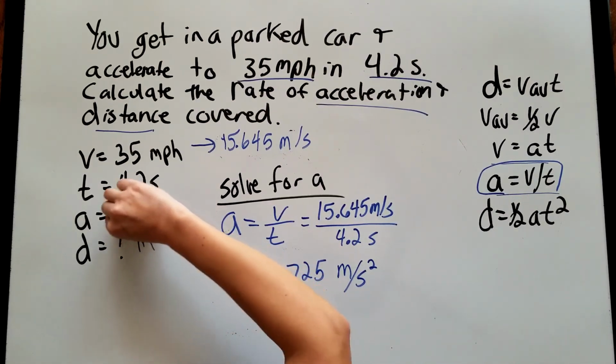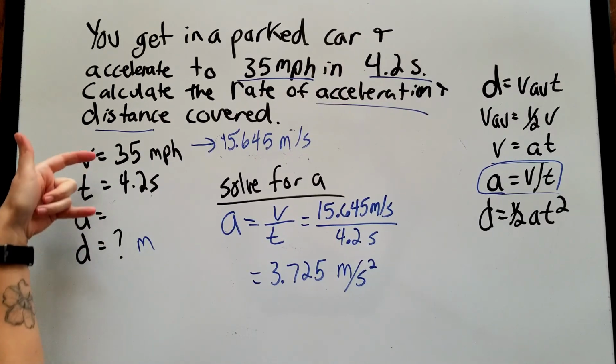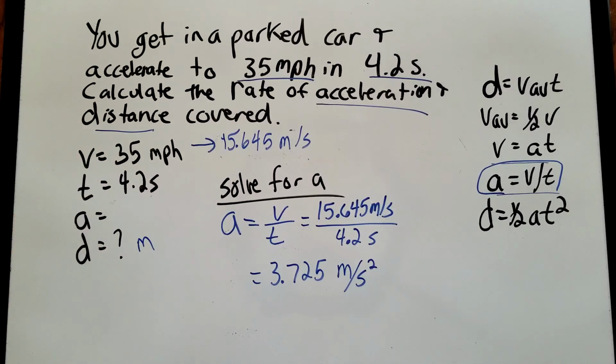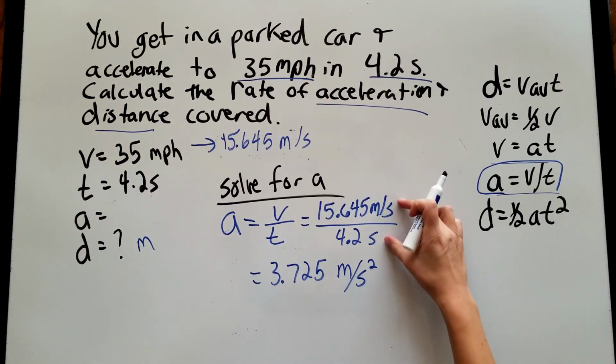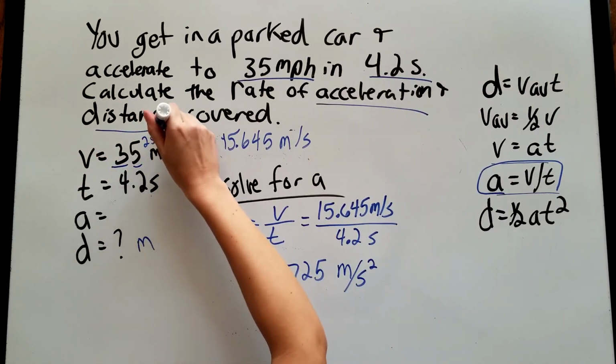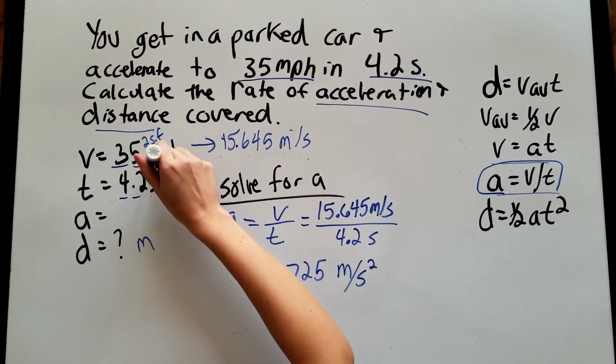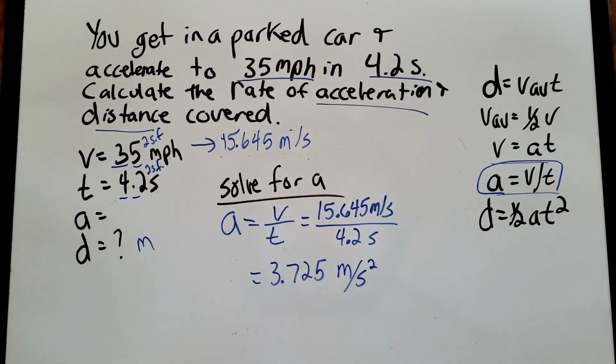Now, since this is one of my final answers, I want to go ahead and look at my significant figures. So when I'm looking at sig figs, I look at the original two numbers in the word problem itself. I'm dividing, so I'm counting total sig figs. So I have two significant figures in the velocity amount, and I also have two significant figures in my time amount.